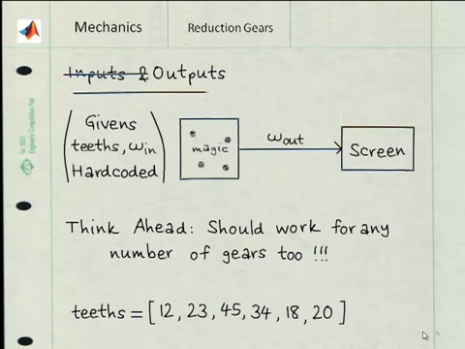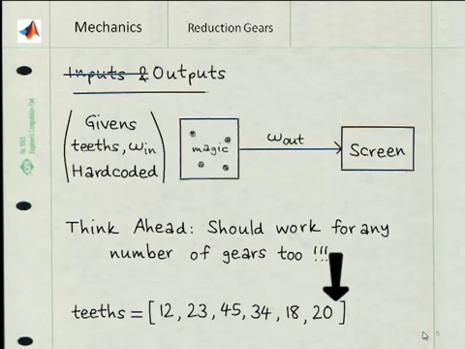Now when we're going to develop software like this, we've got to again keep in mind that it can grow. We shouldn't limit ourselves to the 6 gears or 7 gears that we had. We should keep in mind that the number of gears should really depend on the user's choice. So right now we're going to build an array. We're going to hard code an array with the gears 12, 23, 45, 34, 18, and 20.